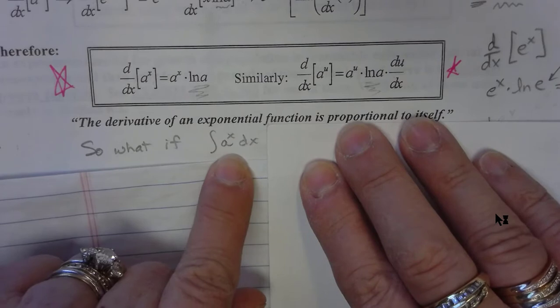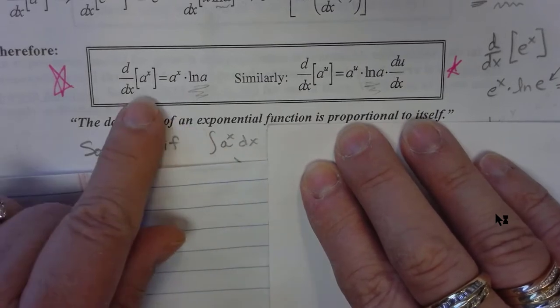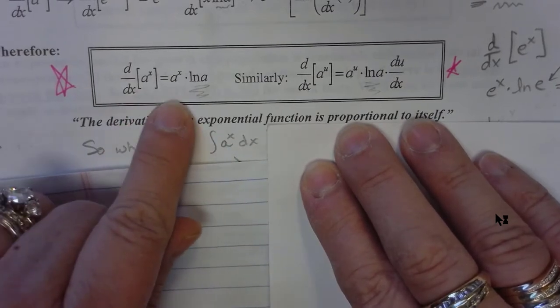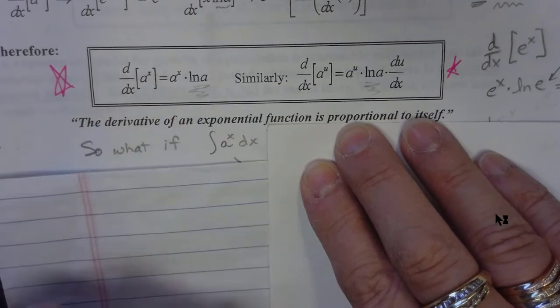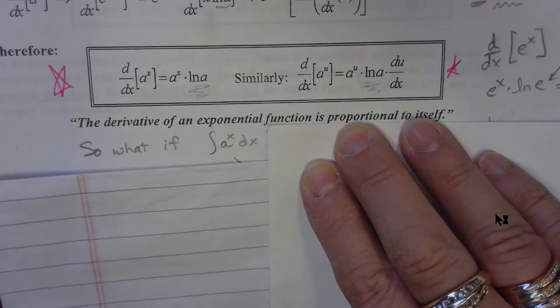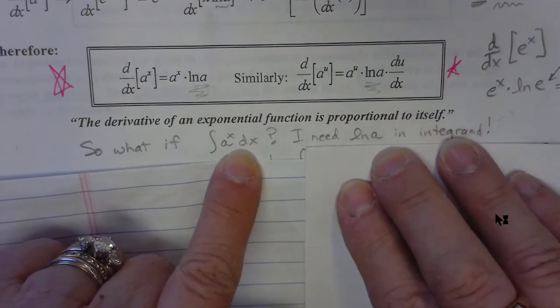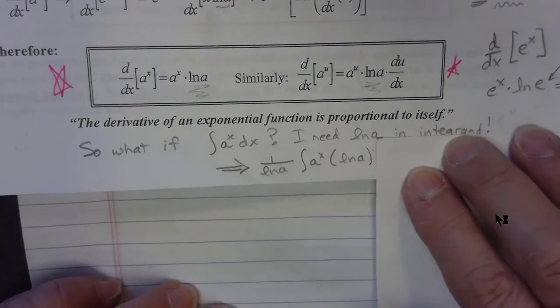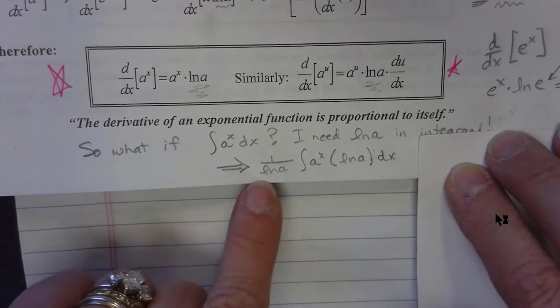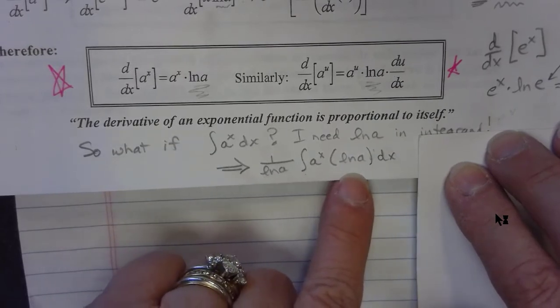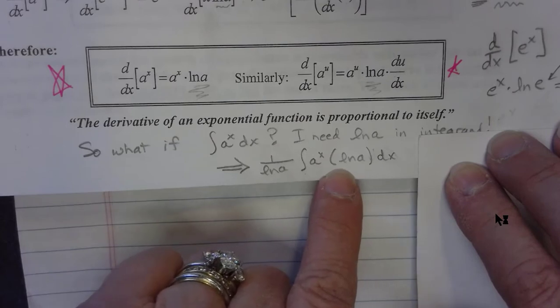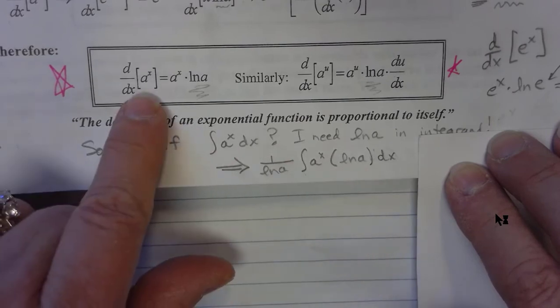Notice a to the x dx. Well, notice the derivative of a to the x is a to the x times ln a. So what is missing here? My factor of ln a is missing in the integrand. Okay, so I need to multiply and divide by ln a. That is now the complete derivative of a to the x.